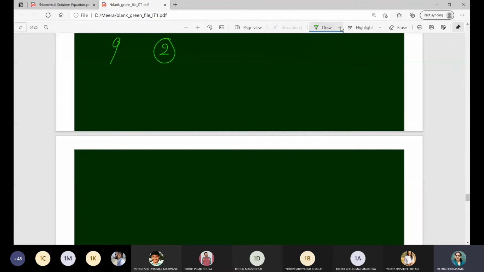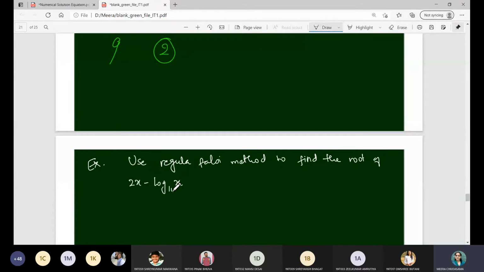Use the regula falsi method to find the root of 2x minus log x to the base 10. Remember, this is the base 10 logarithm, so be careful while you take the computation in the scientific calculator. Is equal to 7, correct to 3 decimal places.